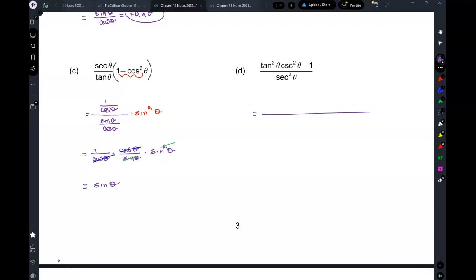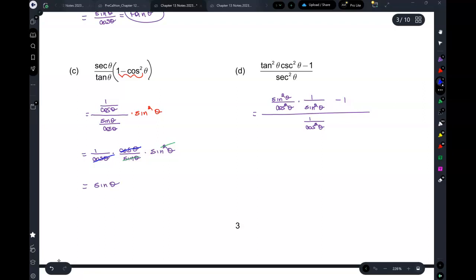Too many things. Let's just write them in terms of sines and cosines. So tangent squared will be sine squared over cosine squared. Cosecant squared will be 1 over what? Sine squared theta. Sine squared theta minus 1. And then I have secant squared, 1 over cosine squared theta. Let's deal with this pesky numerator here.